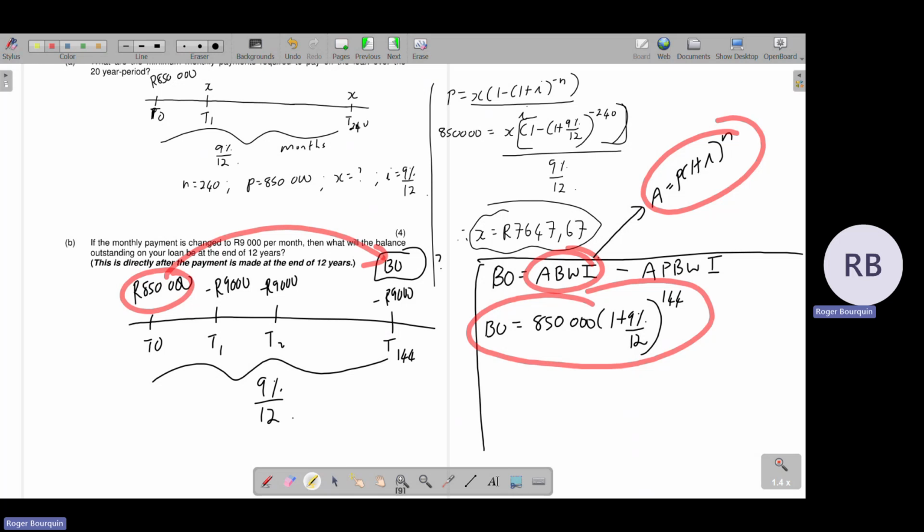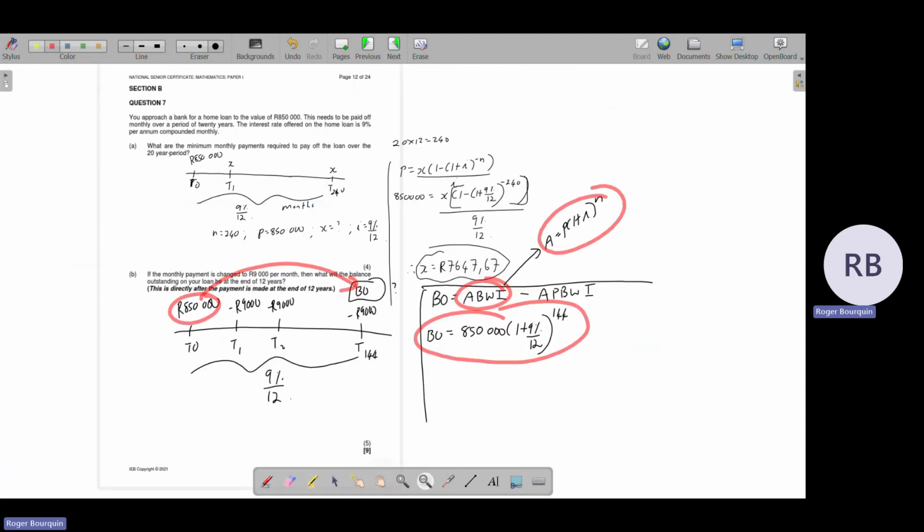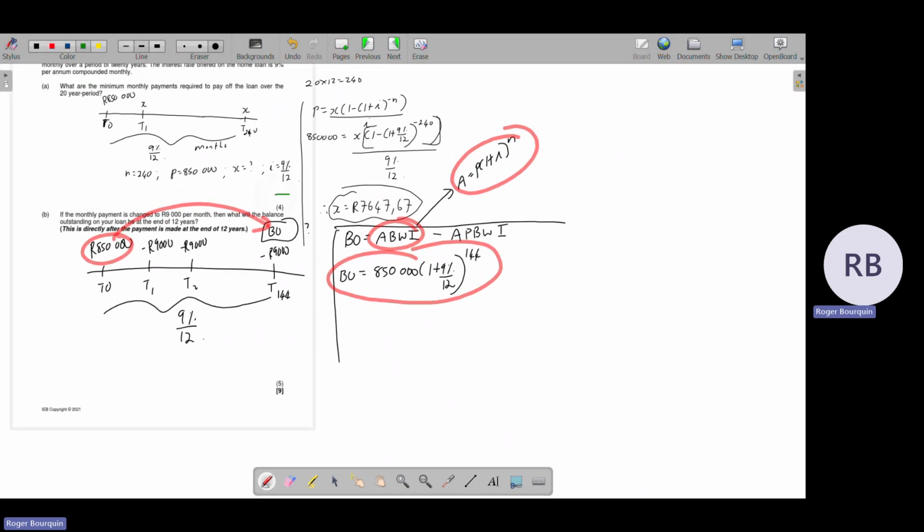But what have you done though? You paid back how much every single month? 9,000 Rand every single month. And you've done that 144 times, right? I don't just go 144 times 9,000, because you saved interest as well. So to work out the interest on a regular annuity, you use the future value annuity formula. So what you paid back with interest is working to that point, which is your future value.